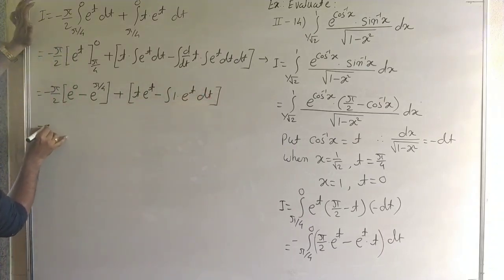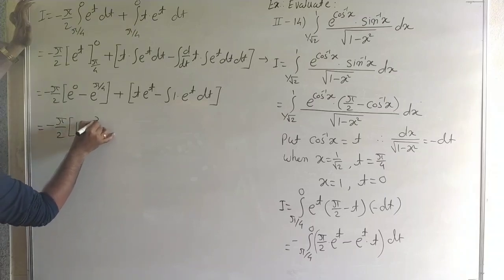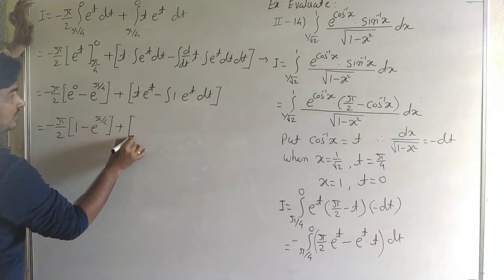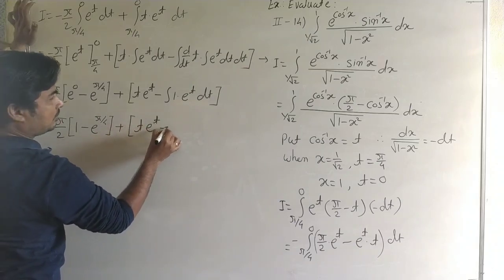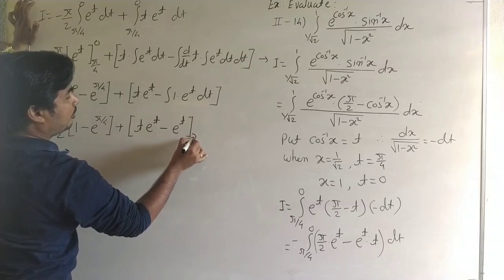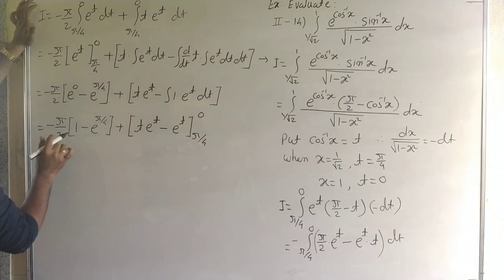Here it is minus pi by 2, e to the power 0 is 1, and it is e to the power pi by 4. Plus, see carefully, t into e to the power t minus e to the power t, and the limit here is pi by 4 to 0. Now upper limit minus lower limit.